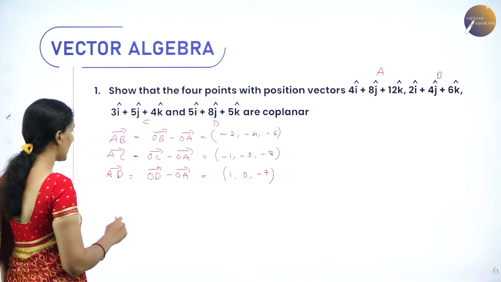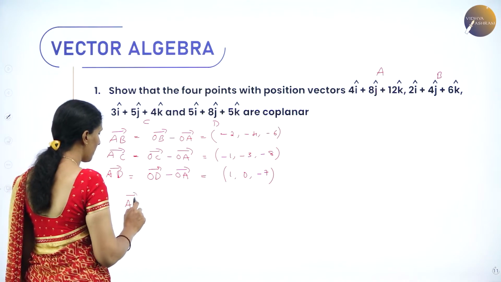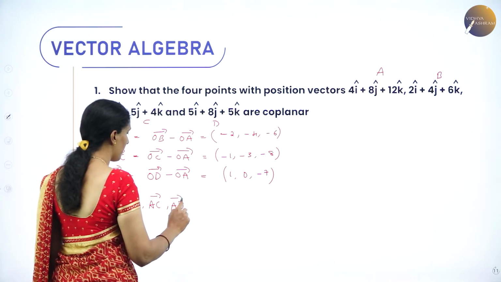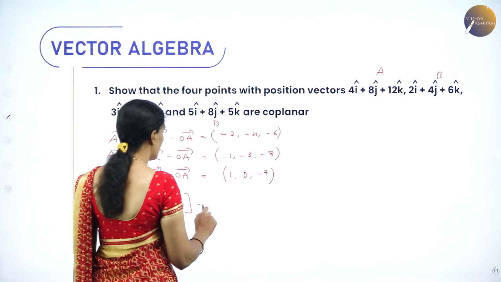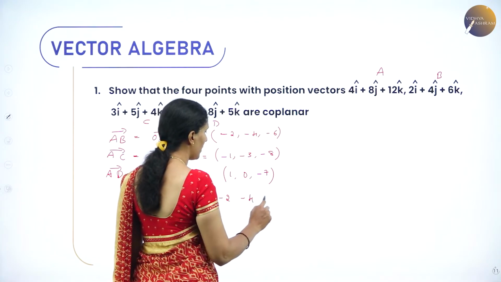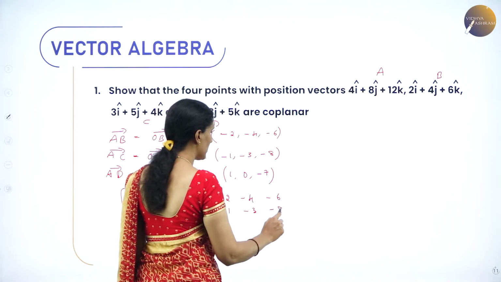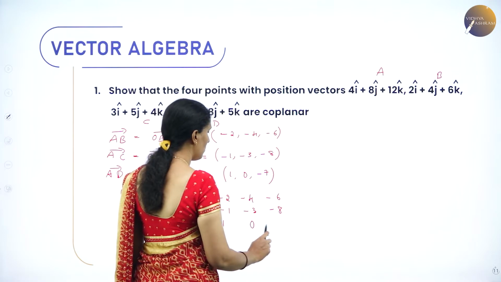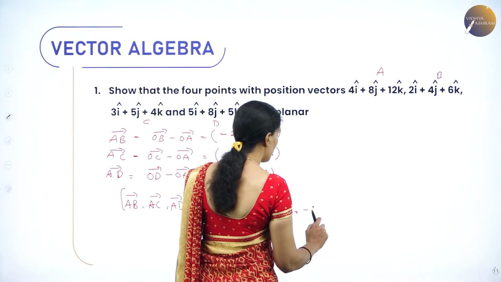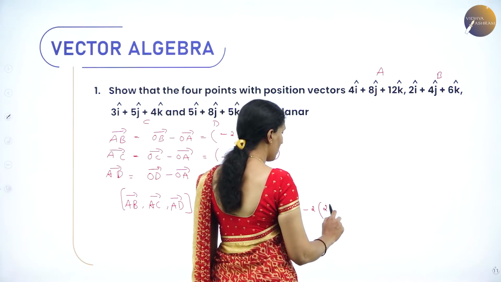Now let us take the scalar triple product, that is [AB, AC, AD]. So write the components in the determinant form: -2, -4, -6, -1, -3, -8, 1, 0, -7. So let us expand this. First is -2. So we have 3 sevens are 21, minus 0.